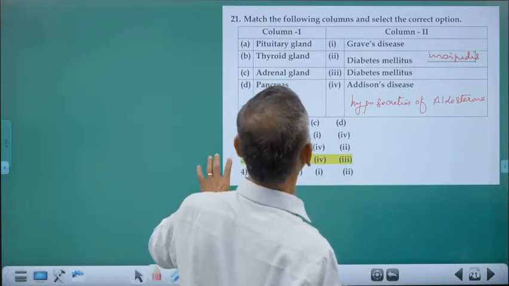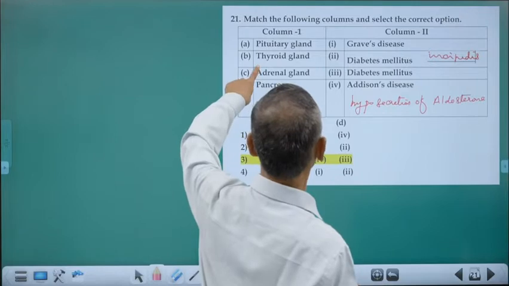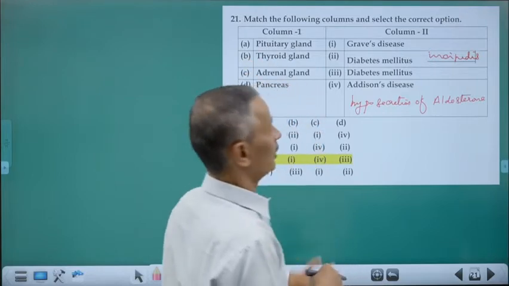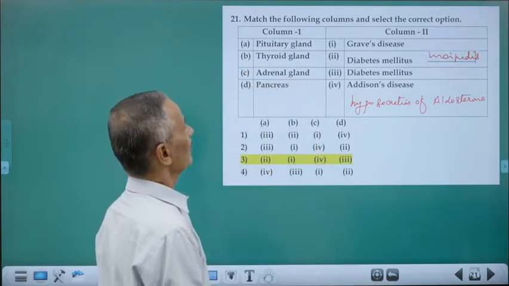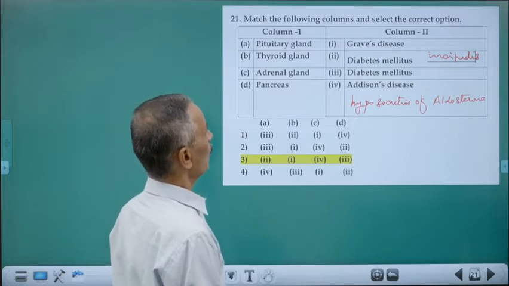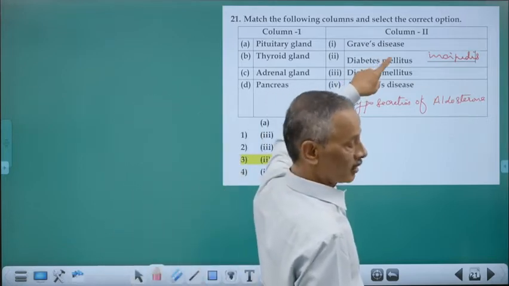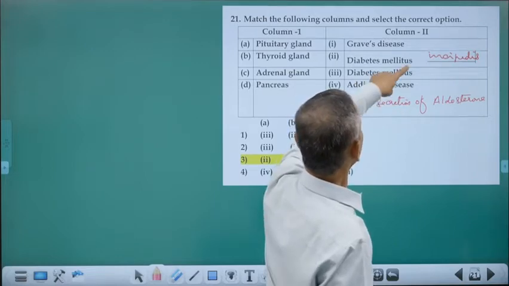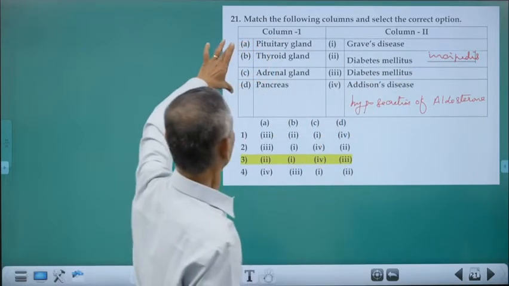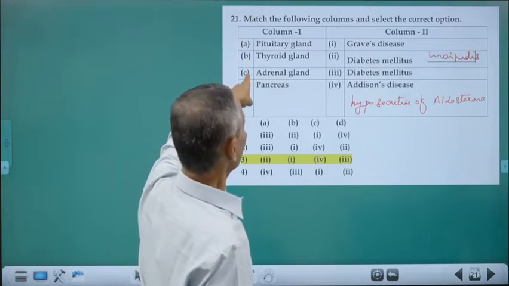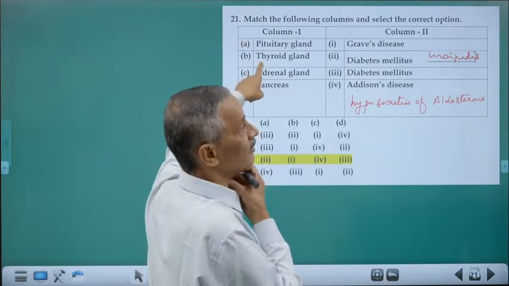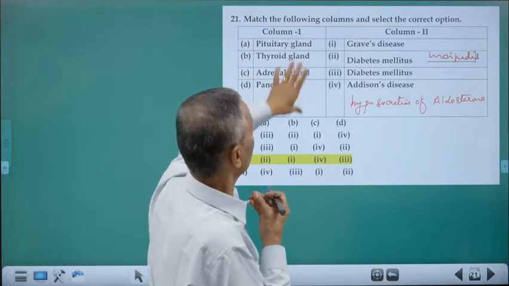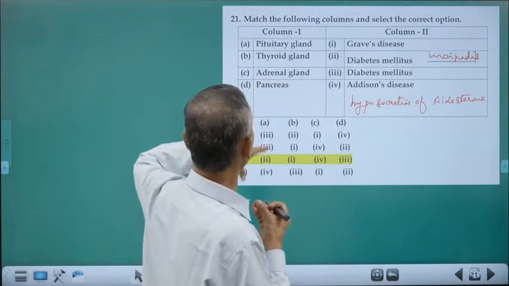So the pituitary is producing the ADH, and ADH is responsible for curing diabetes insipidus. So it should be 2. Okay. Then thyroid gland. When thyroid gland is producing excess hormone, that causes Graves' disease, exophthalmic goiter.